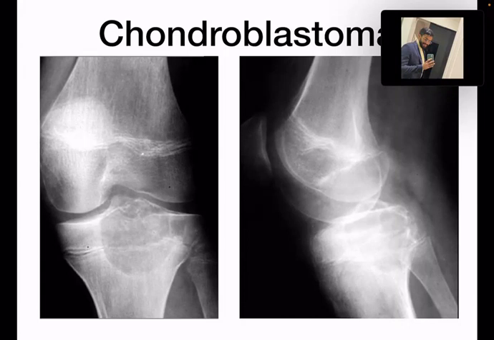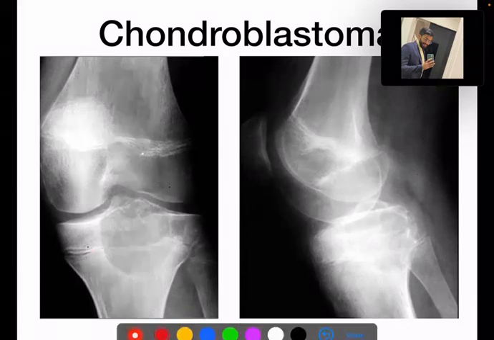Pediatric, consider chondroblastoma; adult, consider giant cell.